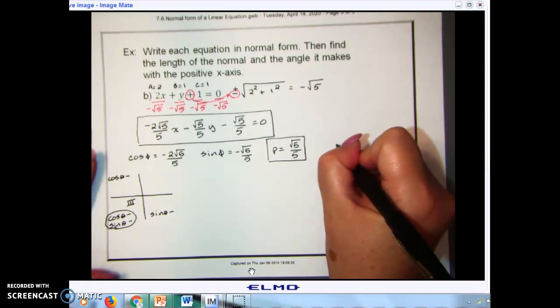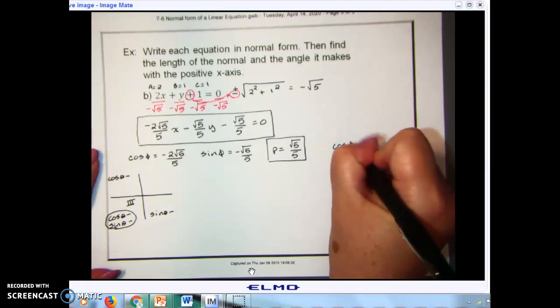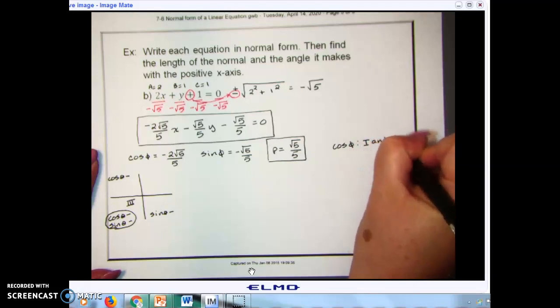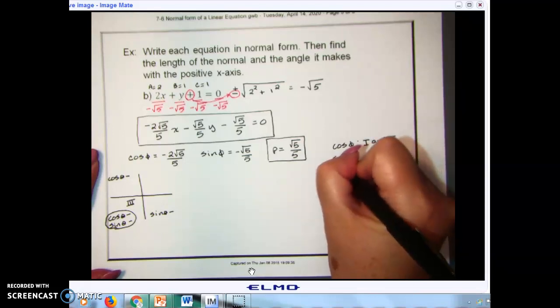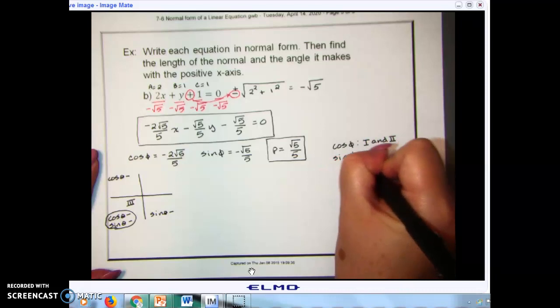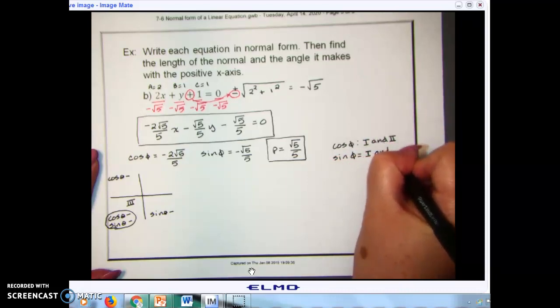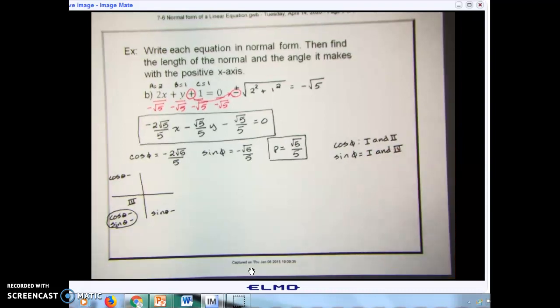Now, we said cosine of phi is going to be defined in quadrants 1 and 2. And we said sine of phi is going to be defined in quadrants 1 and 4. And now we have a problem because nobody is defined in quadrant 3.